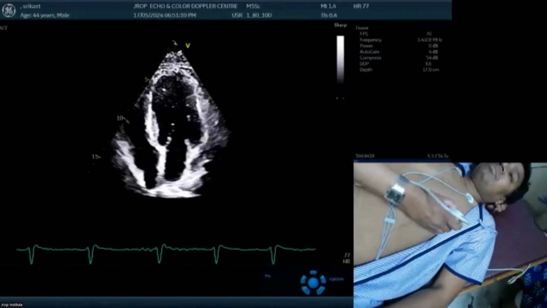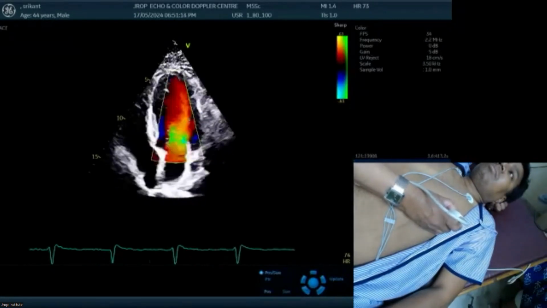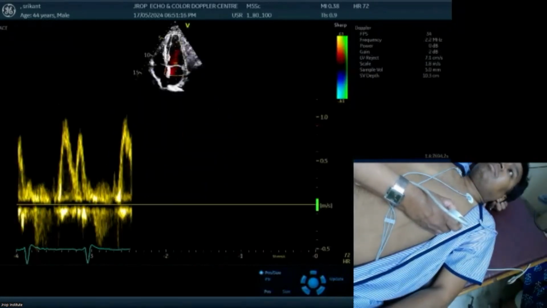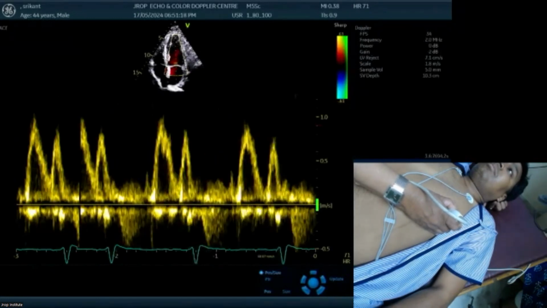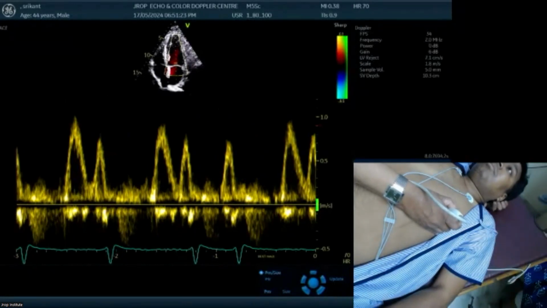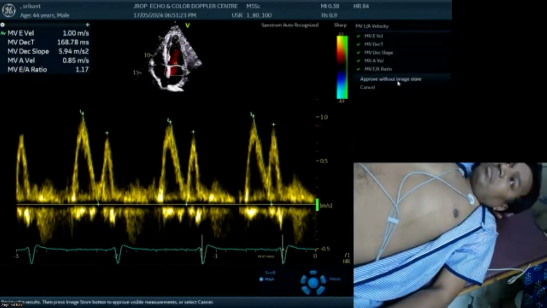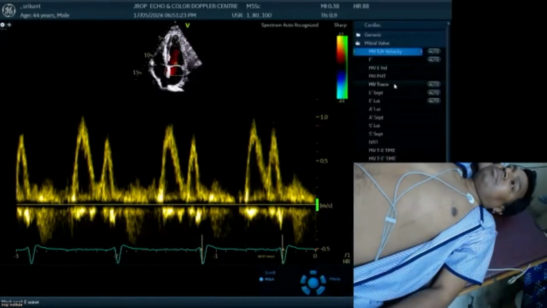Look, I am going to measure the gradient across this mitral valve. So I'll take my sample volume, go to pulse wave, and increase the sweep speed. And now I can place this Doppler spectrum pattern.